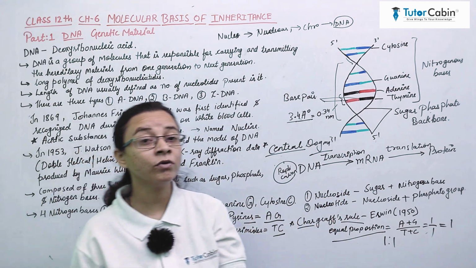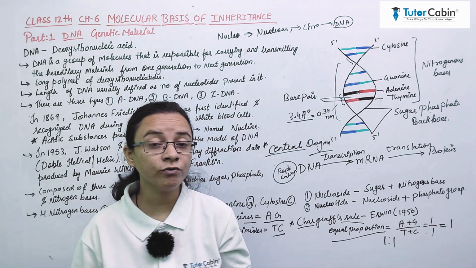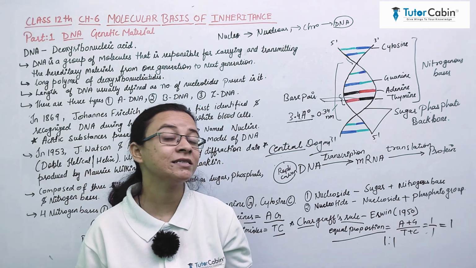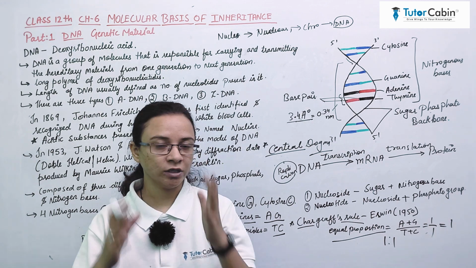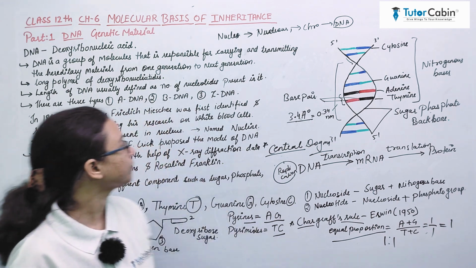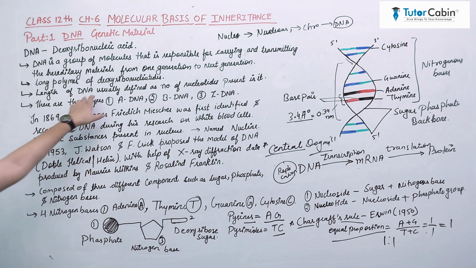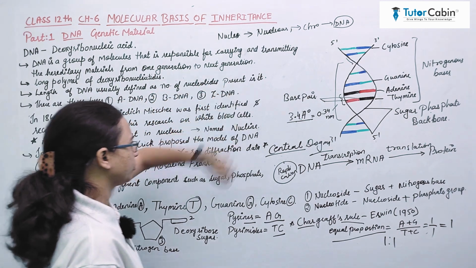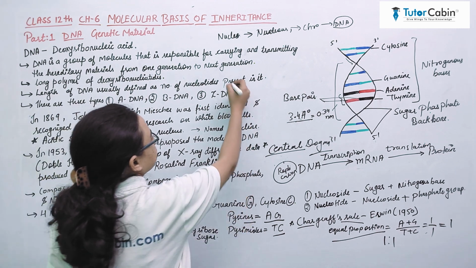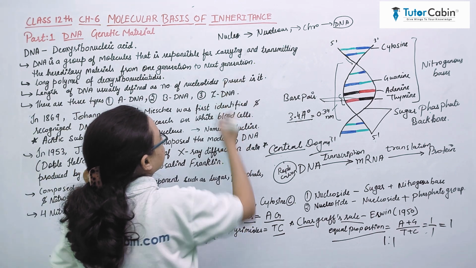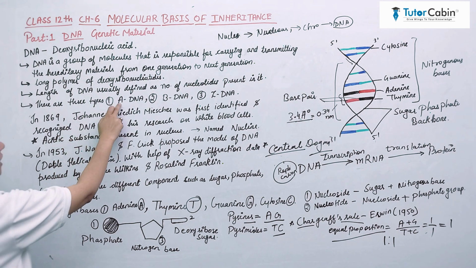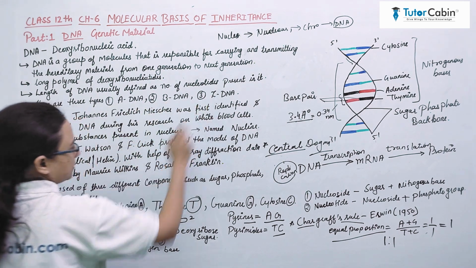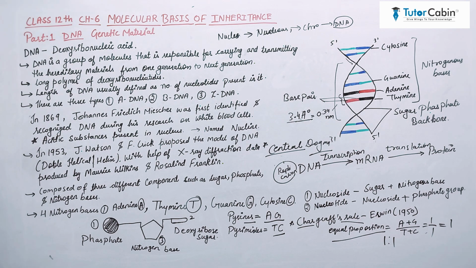But in case of fewer nucleotides, the DNA becomes short. Clear? There are three types of DNA: A-DNA, B-DNA, and Z-DNA.